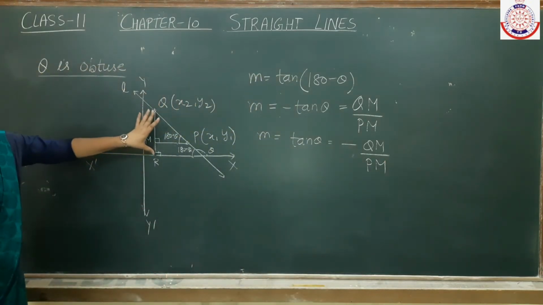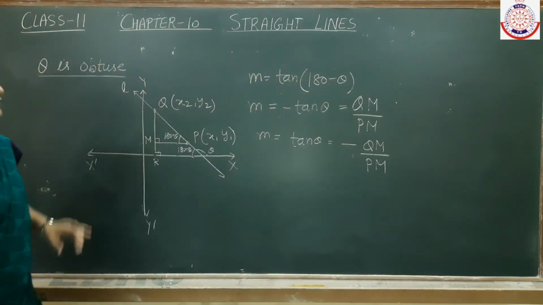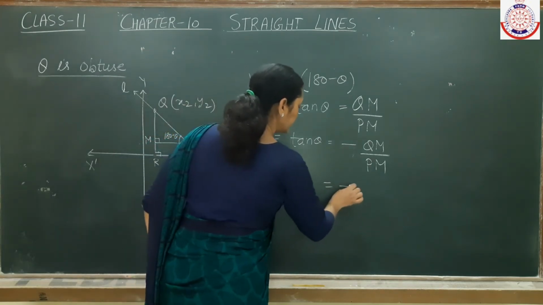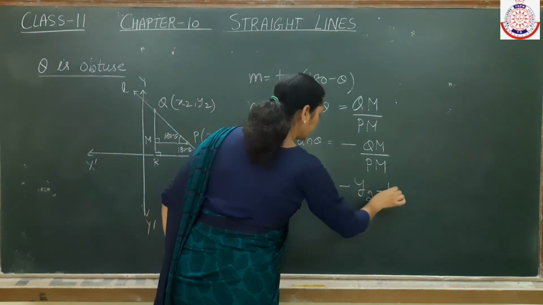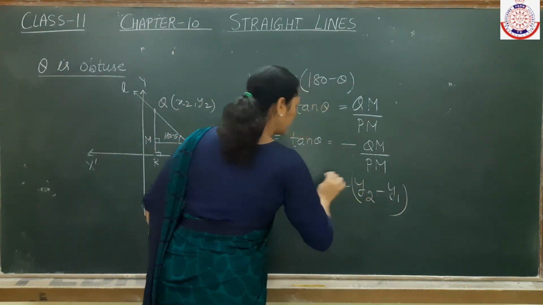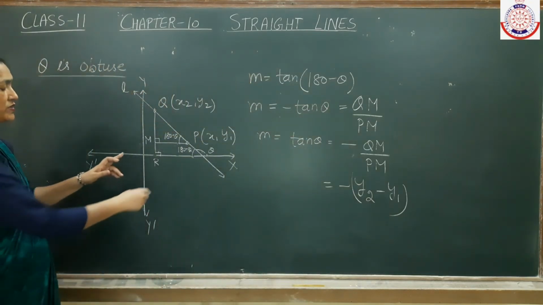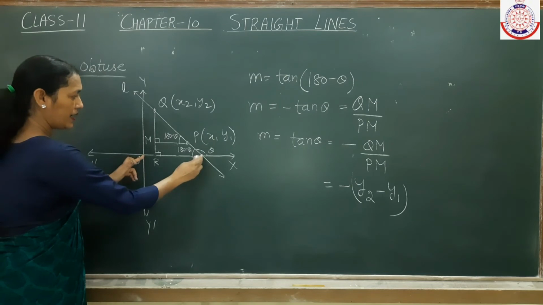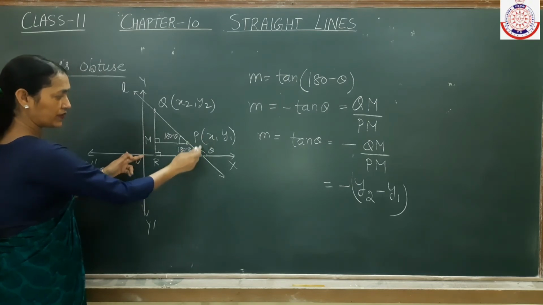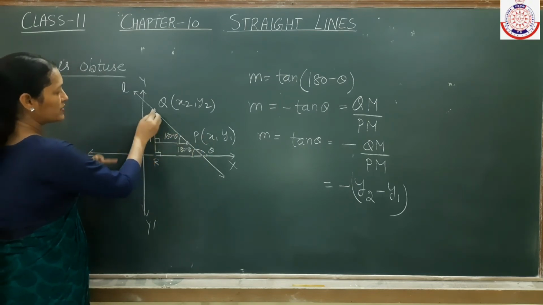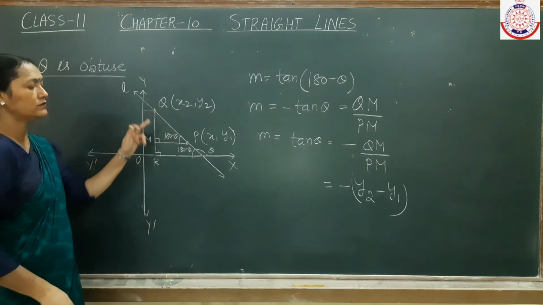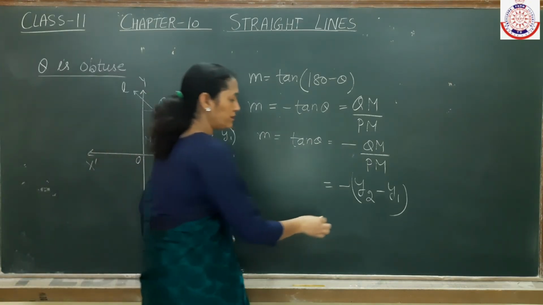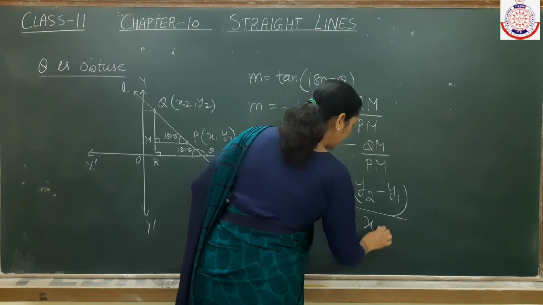Again QM is y2 minus y1. What is the value of PM? PM will be x1 minus x2.